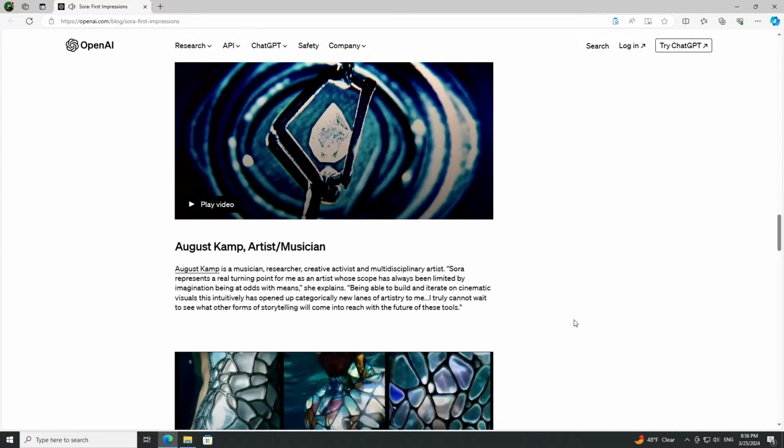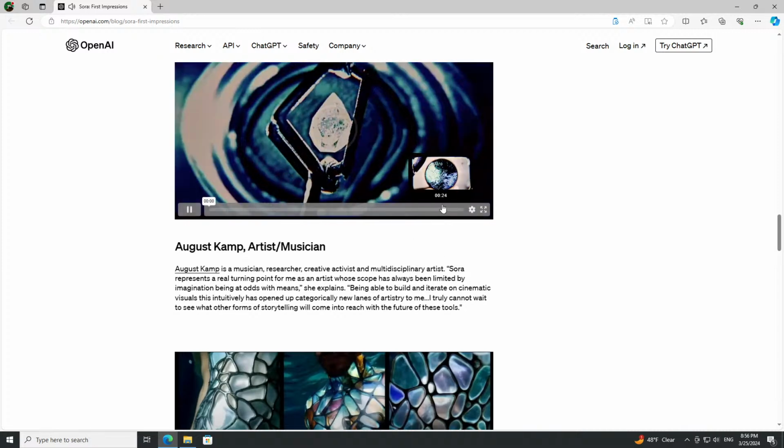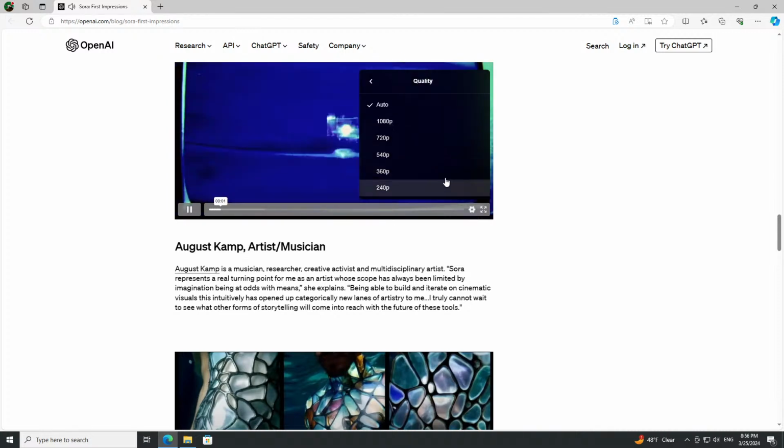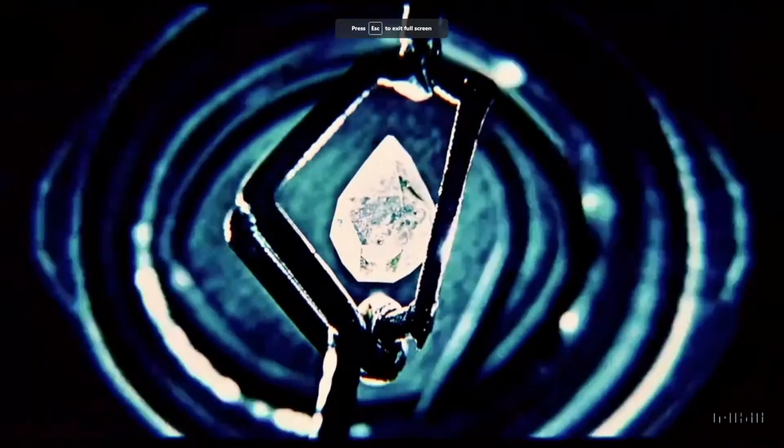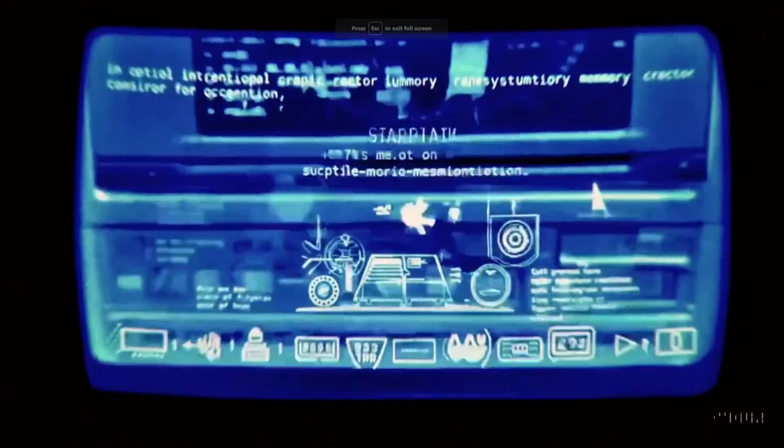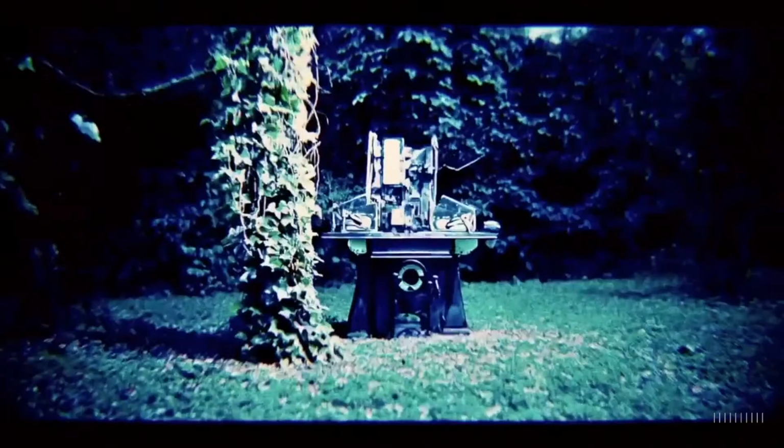Let's go down to August Camp. Is a musician, researcher, and creative artist, and a multidisciplinary artist. So let's see what August Camp was able to create. Quality, go all the way up and expand. So I guess this is more like, again, abstract.